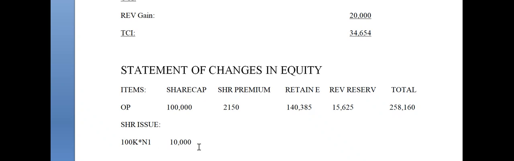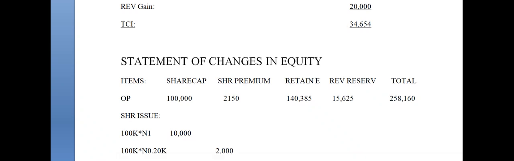So now it is 100,000 multiplied by 0.20, that's how much? 2 million. So this 2 million will go to the share premium.